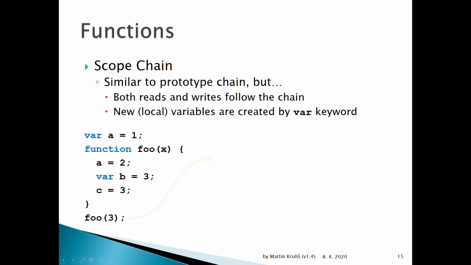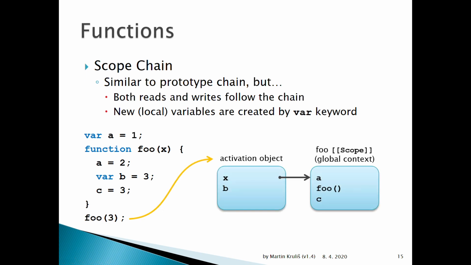So first of all, the activation object will be created, and the activation object holds all the variables relevant to the context of foo. This regards the arguments, so the x has to be in the activation object.